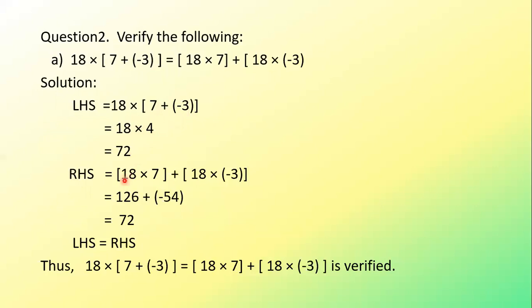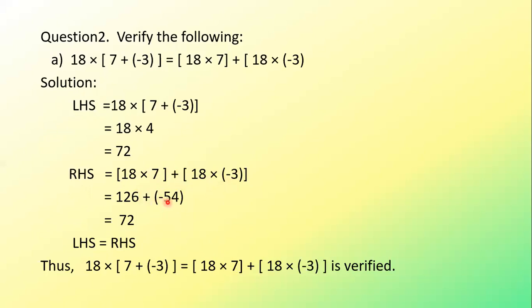Now we will move to the RHS: 18 into 7 plus 18 into minus 3. We will do it separately. 18 into 7, 18 7s are 126. Plus 18 into minus 3, 18 3s are 54. Here one negative integer is there, so the answer will be negative. Now 126 plus minus 54.